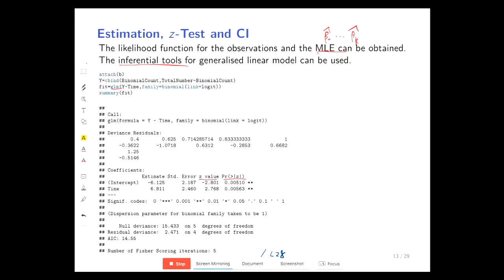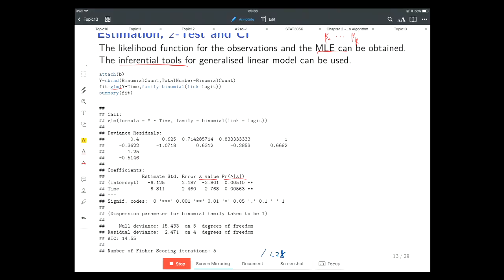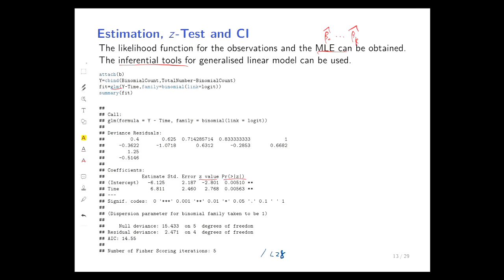Okay, let's start the second part. Any questions for this binomial logistic regression model? Basically, we developed this model only for the aggregated data form, because in real practice, usually we have the aggregated data form instead of the standard data form, because it's much easier to record.